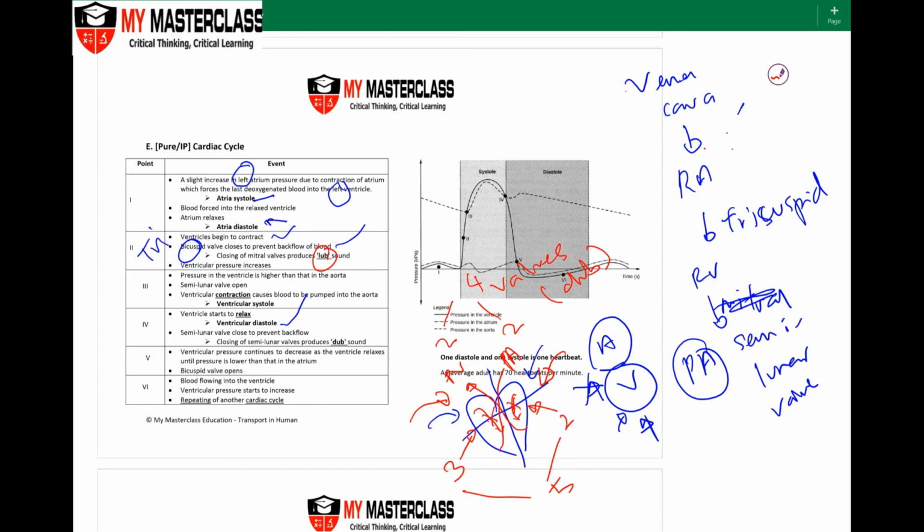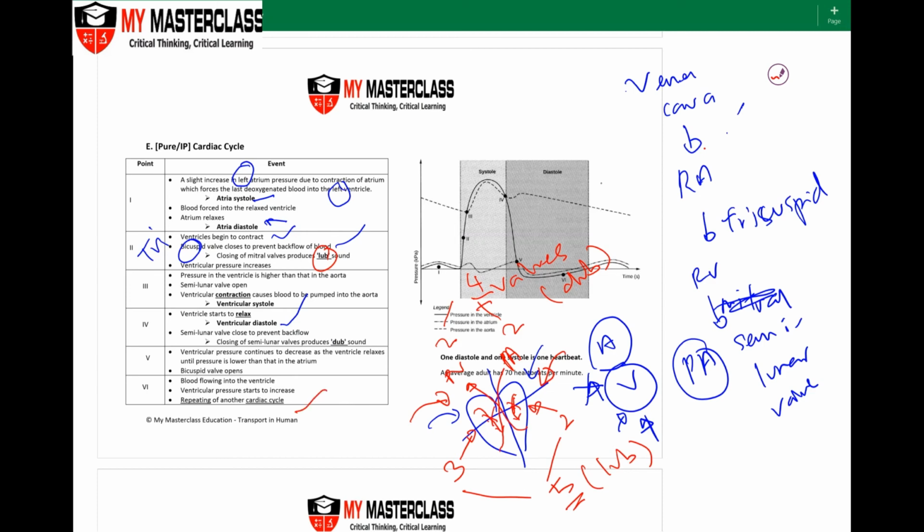The first one, which we call the lub, is louder than the dub, simply because I have got 5 valves and I have got 4. Once that happens, one lub and one dub is considered to be 1 cycle. From there the next cardiac cycle will repeat itself again.